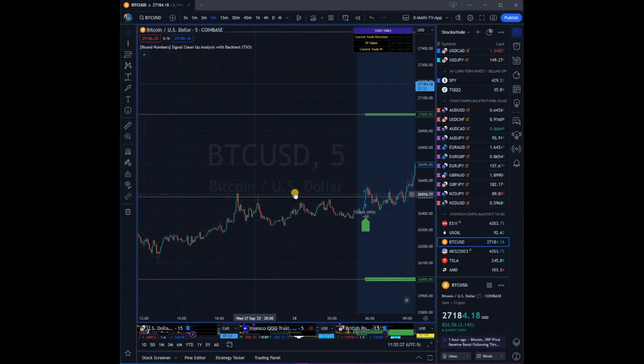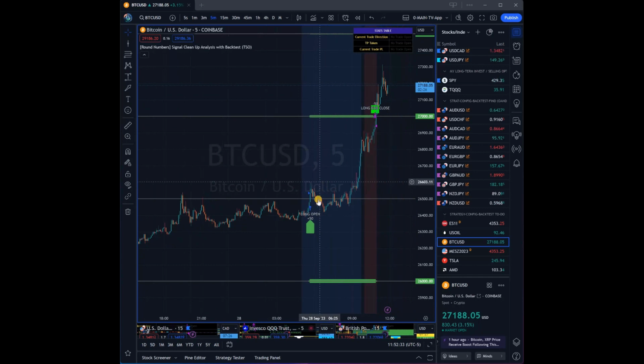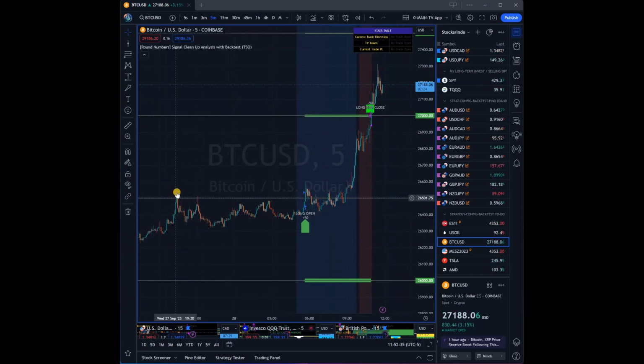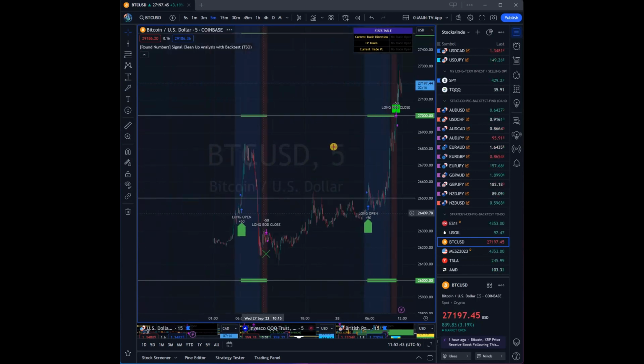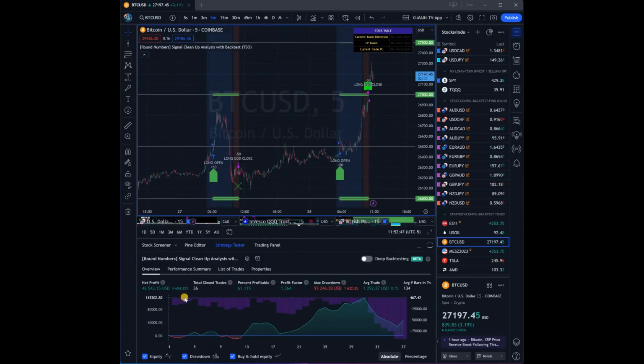As you can see, this is the round number where the price bounces, and this is where it goes through. It did go through here, but it did not go up. In here, however, it does, and then it goes further up. So as you can see, this is a decent result.